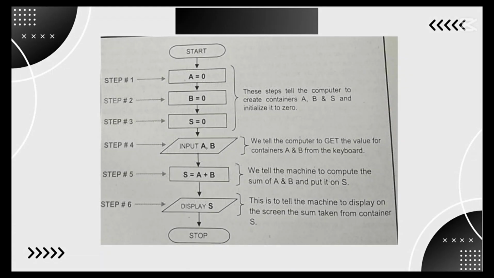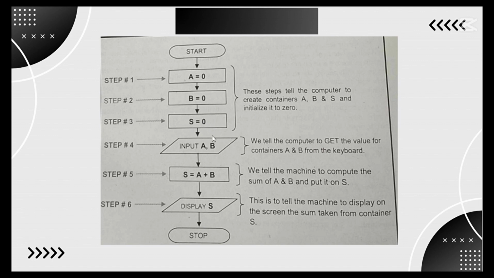So yun, mo ni siyang start. On the step, this step tells the computer to create containers A, B, and the sum and initialize them to 0. So yun, ang value sa A 0, ang value sa B 0, and then sum actually 0 siya.